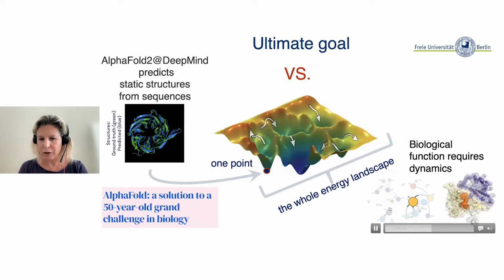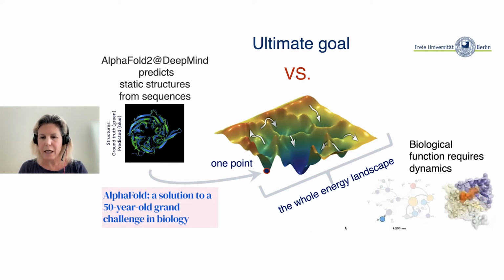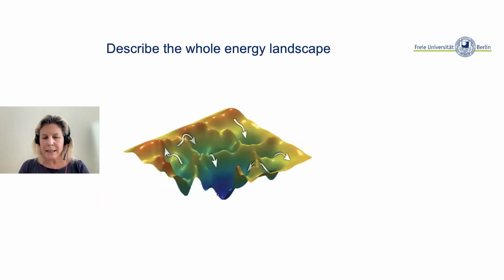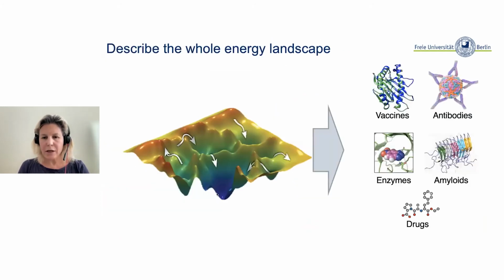You can think about these different circles as different minima in a very complex energy landscape. So it's important to understand not just one point, but more about this energy landscape. If we have a way to map the overall thing, we can understand function. That means we can develop vaccines, enzymes, drugs, understand disease, and so on.